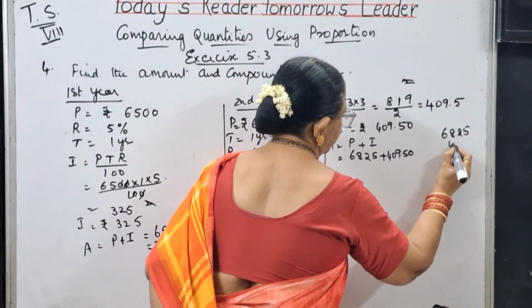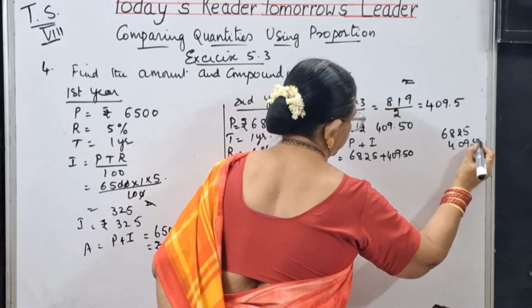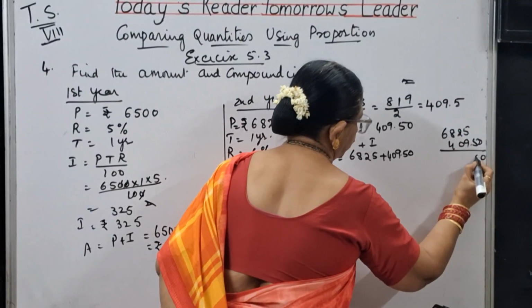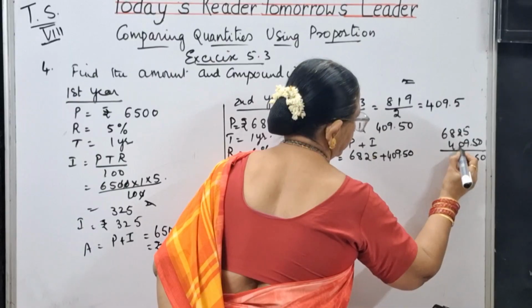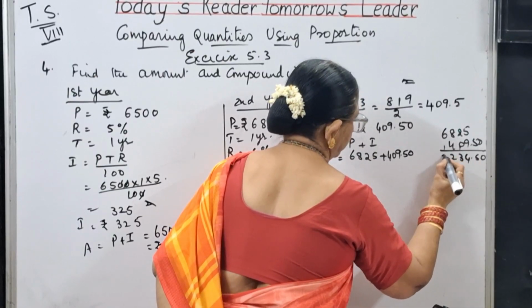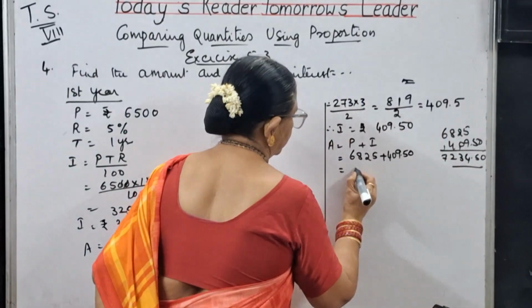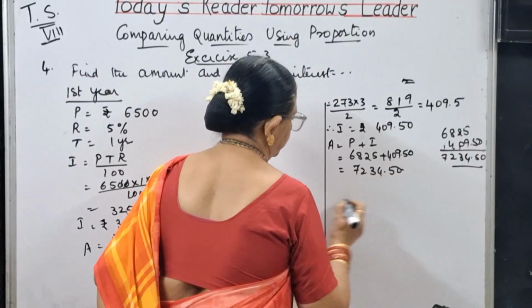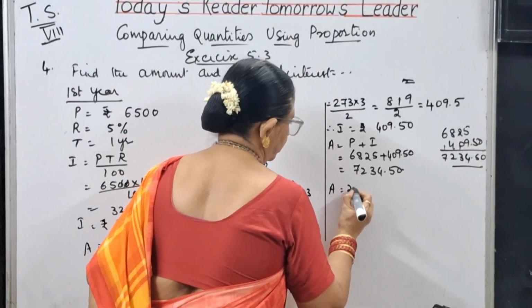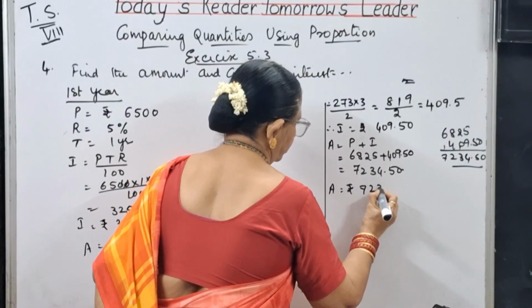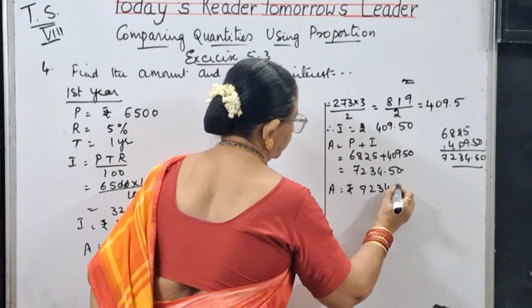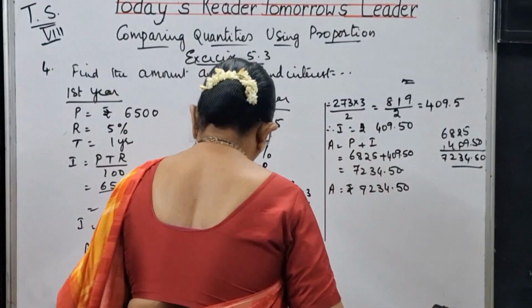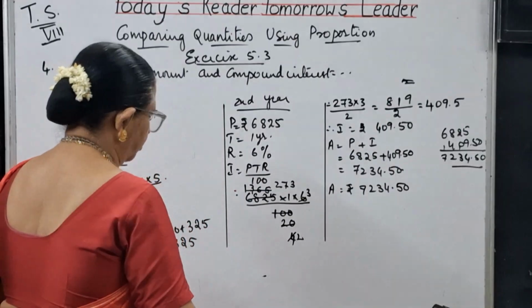So 0, 5, this is 14, 3, 12, 7. So this is 7234.50. So amount is equal to rupees 7234 rupees 50 paisa is amount.